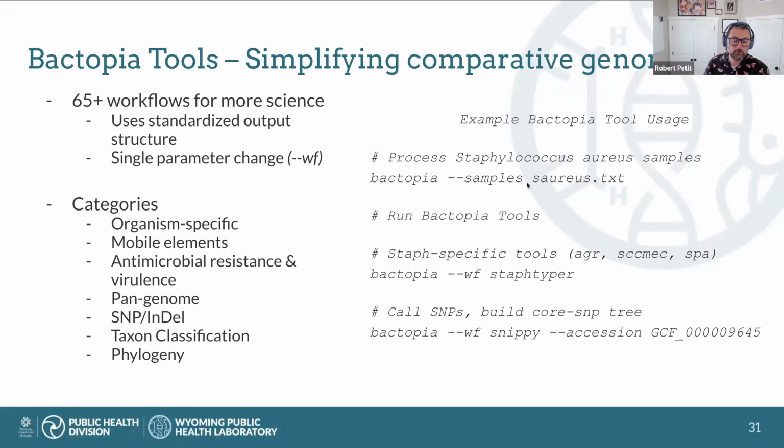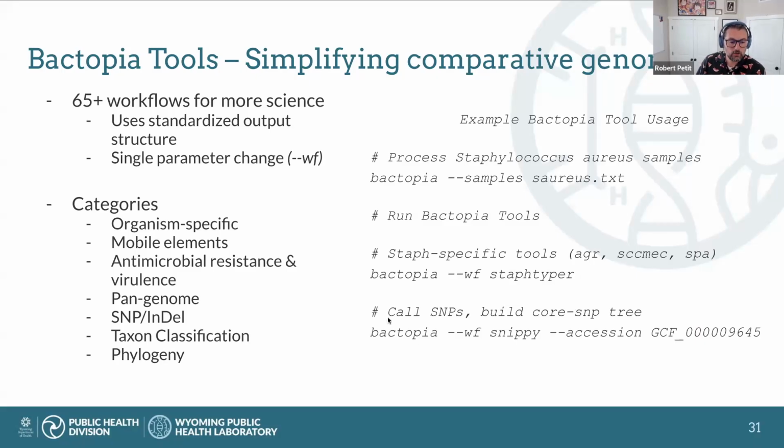So imagine this sample sheet had a couple hundred samples in it. You could run them through Bactopia, and then from there to run the Staph specific tools, you could just run bactopia --wf staph typer, and Bactopia will know to go find your processed samples, and then based on what it finds, you can run these Staph typer tools.